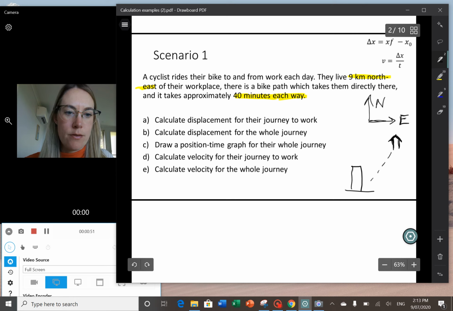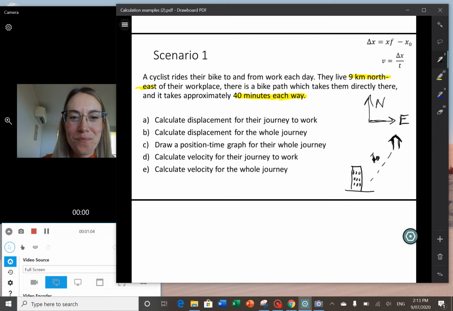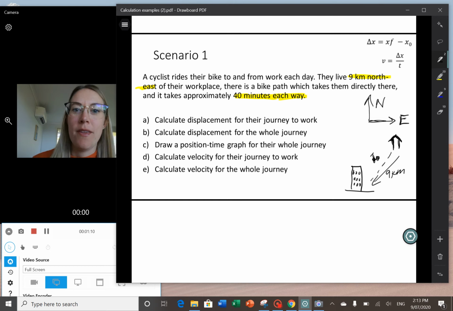That's their workplace. Here we go. And draw a bicycle. There we go. Okay, so this distance is 9 kilometres according to the question there.